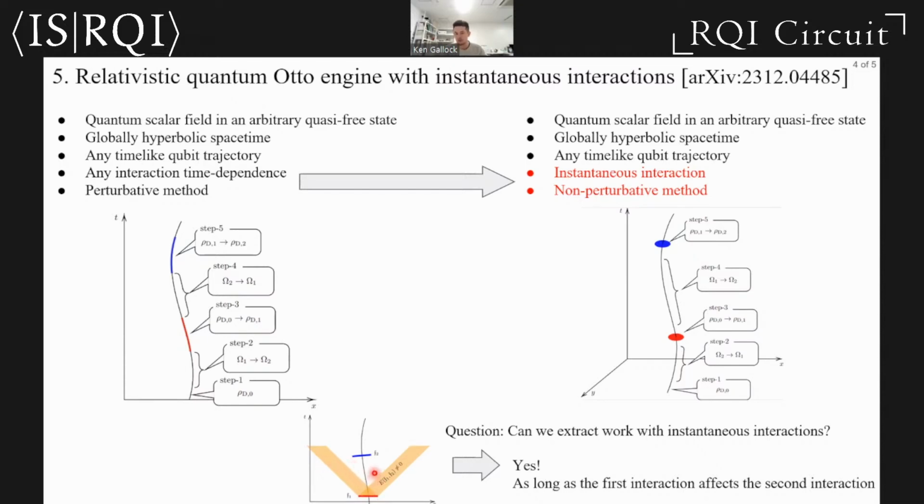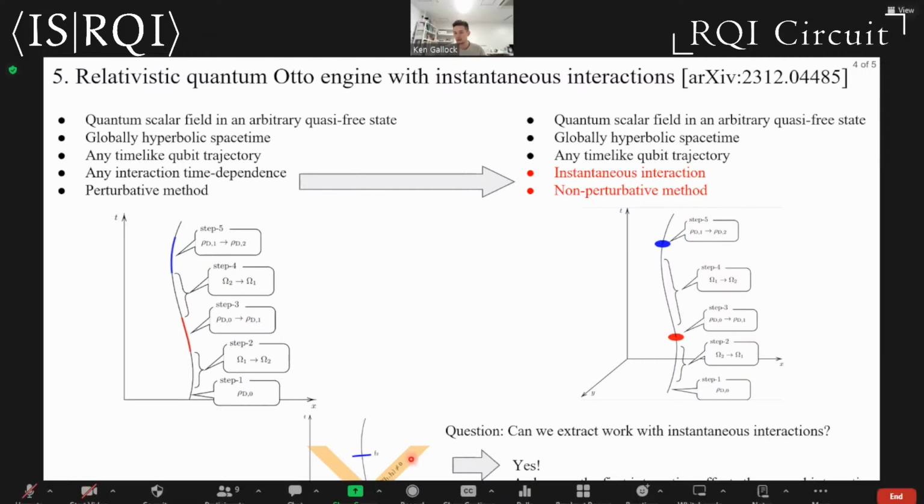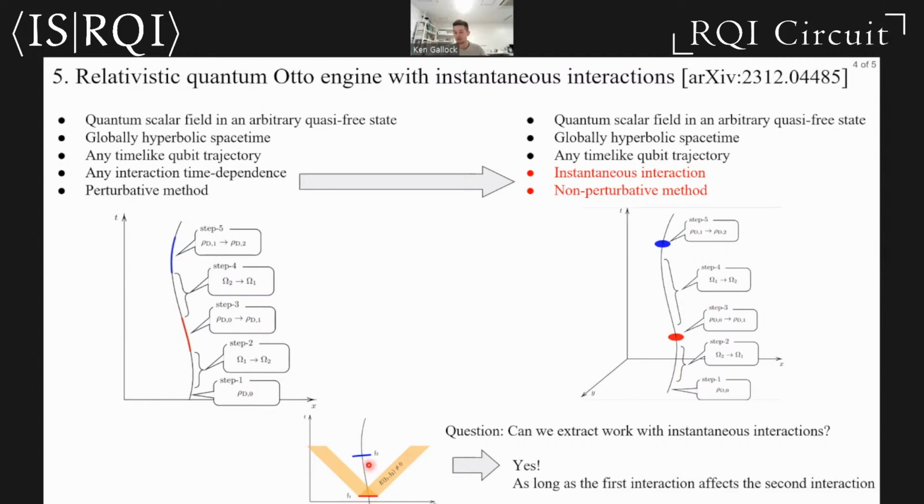And my claim is that if the second interaction is affected by this disturbance of the field, then you can extract positive work. But otherwise, if the second interaction is not affected by this disturbance, then you cannot extract positive work at all.